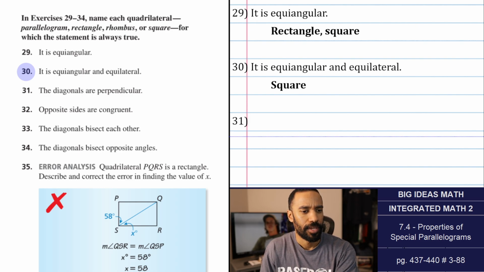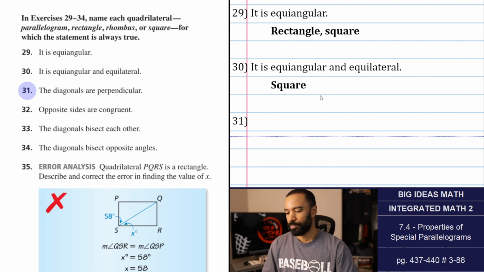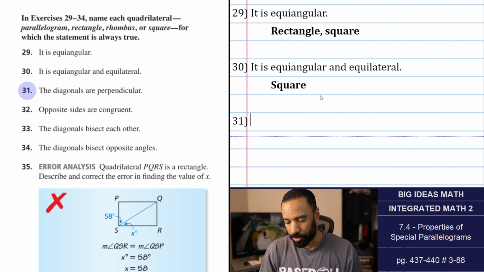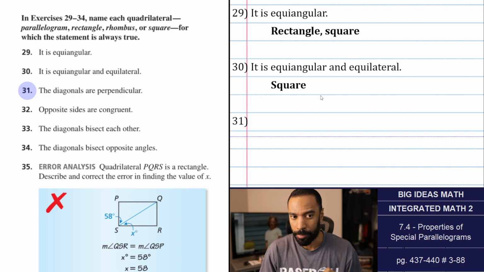Number 31, the diagonals are perpendicular. So they're not stating, I have a shape with perpendicular diagonals as a quadrilateral. What shape must it be? They're saying, which among parallelogram, rectangle, rhombus, or square always has perpendicular diagonals?